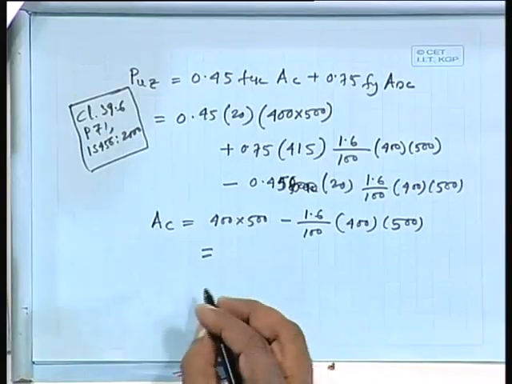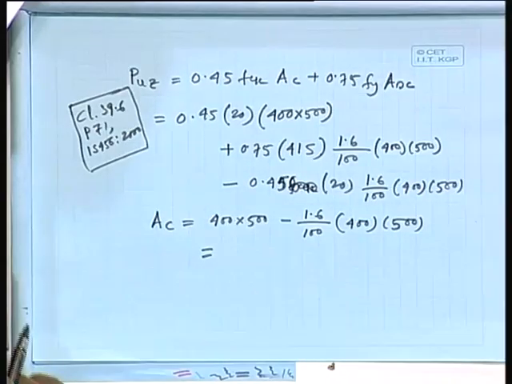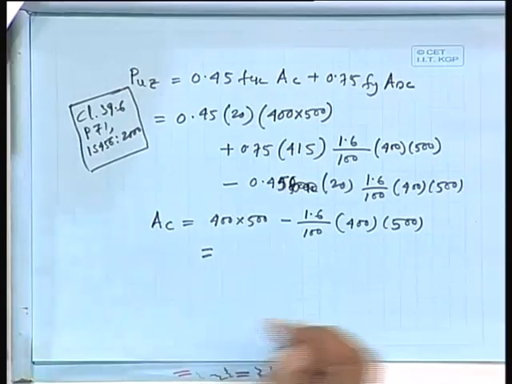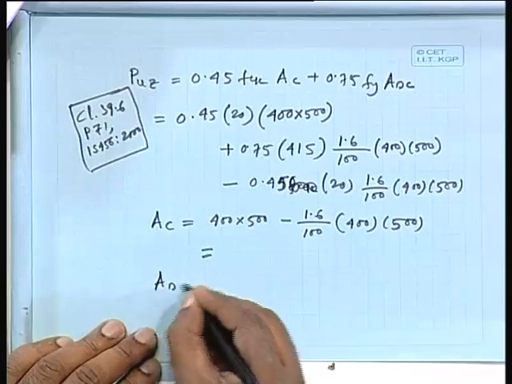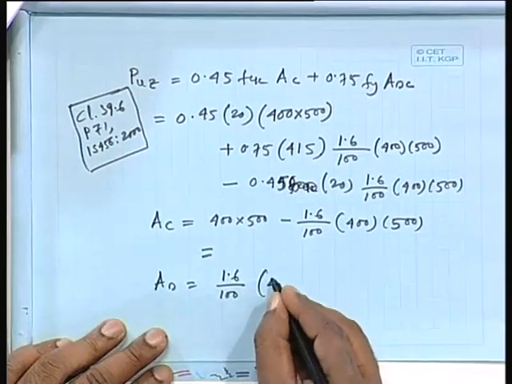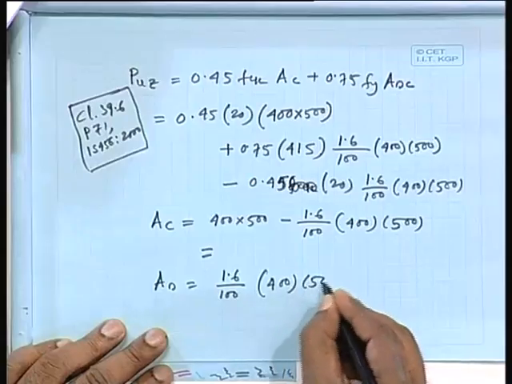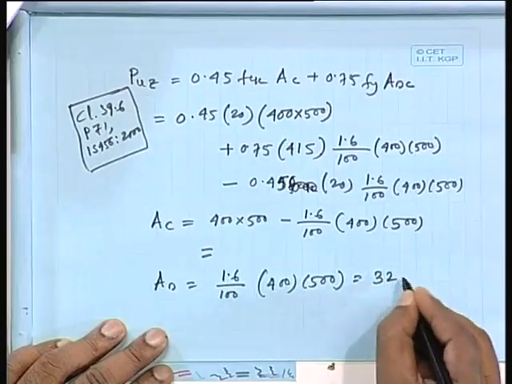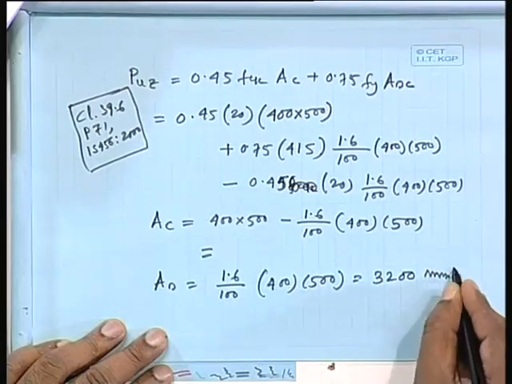So area of steel is equal to 1.6 by 100 times 400 times 500 equals 3200 square millimeter.